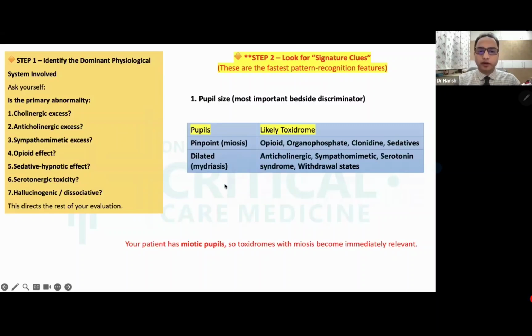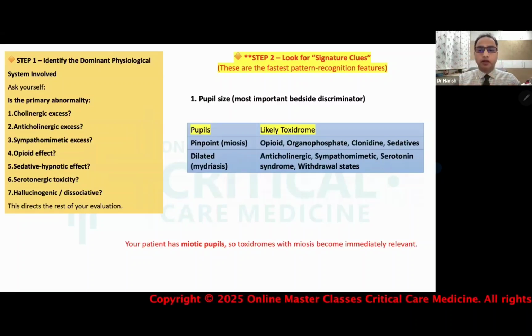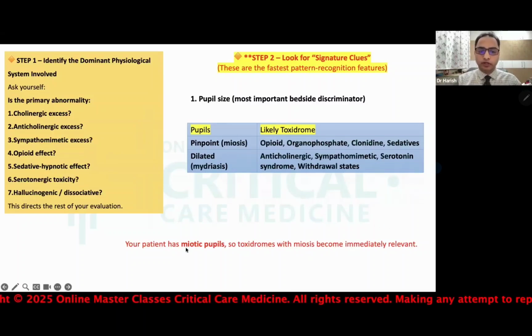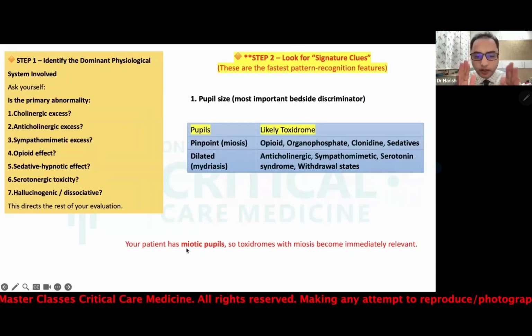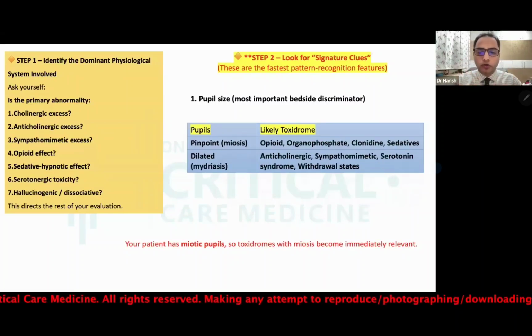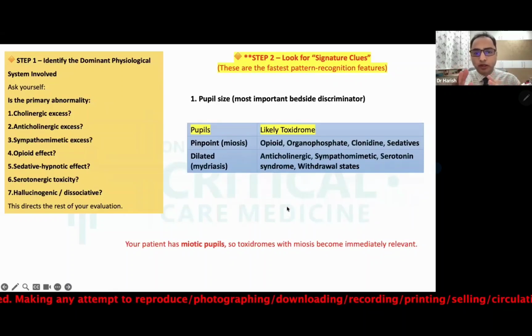If the patient has a dilated, that is mydriatic, pupil, then anticholinergic, sympathomimetic, serotonin syndrome, or withdrawal state. Very, very important table. This helps in narrowing down your differential diagnosis further. Our patient has a miotic pupil, so toxidromes with miosis become immediately relevant. You can exclude the toxidromes which have mydriasis.